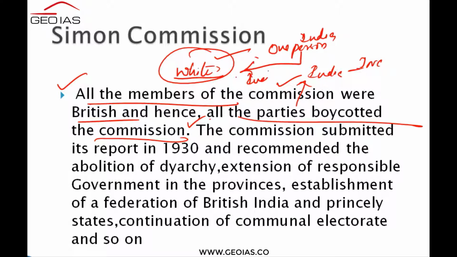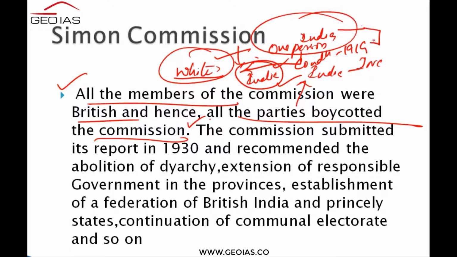The commission wants to know about India's condition after the passage of the 1919 Act, but not even one Indian was included. That is why all these parties organized slogans and the Simon Go Back movement in this turmoil situation.